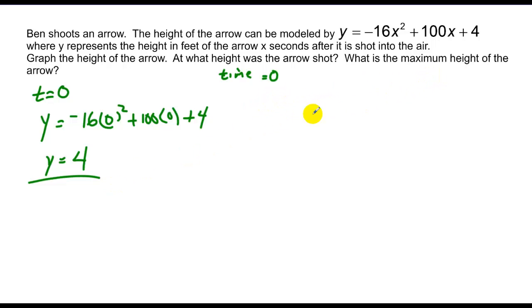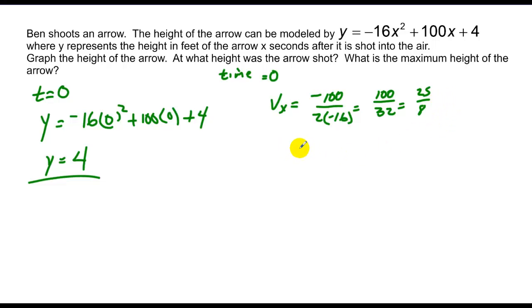When we want to know what's the maximum height, all I have to do is find the vertex of this parabola. So the x-coordinate of the vertex is negative b, negative 100, over 2 times negative 16, or 100 over 32. 4 goes into both of these: 25 here, and 8 here.